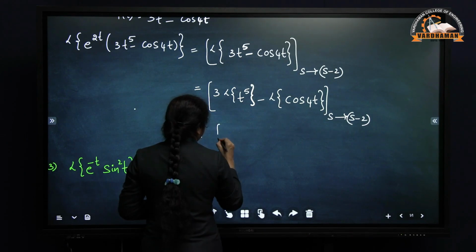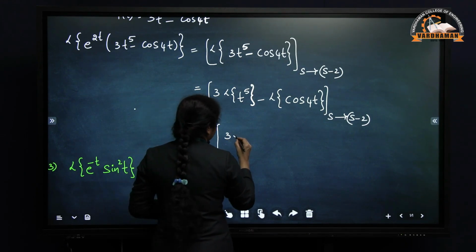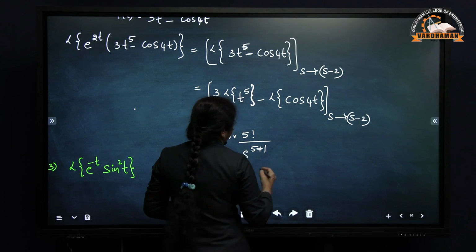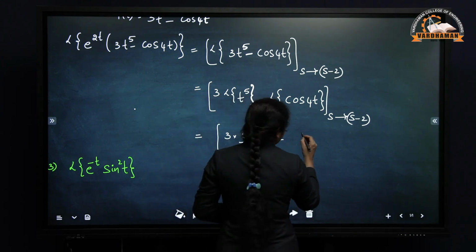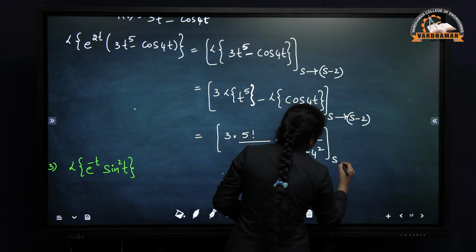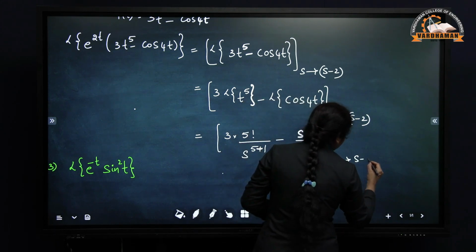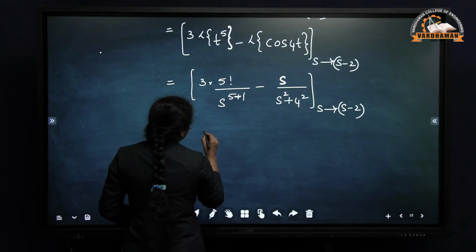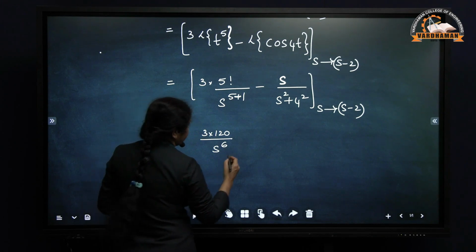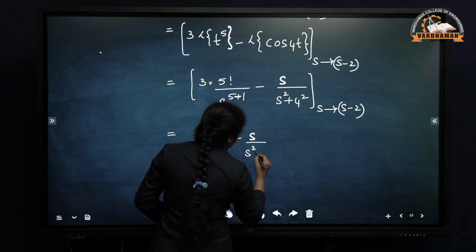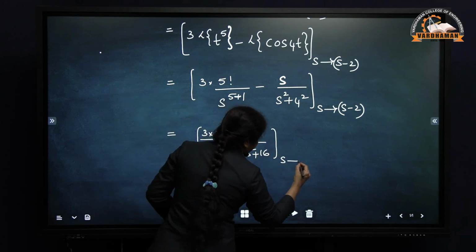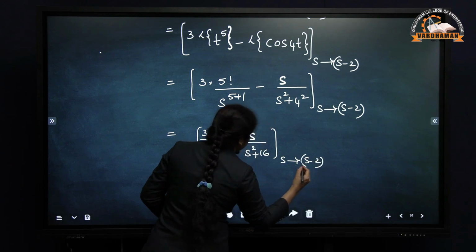And by using the formula, L of t power 5 can be written as 5 factorial by s power 5 plus 1, minus cos 4t formula is s by s square plus 4 square, and here change s to s minus 2, which is equals to 3 into 5 factorial, which is 120, by s power 6 minus s by s square plus 16, and here in this result we need to change s to s minus 2.